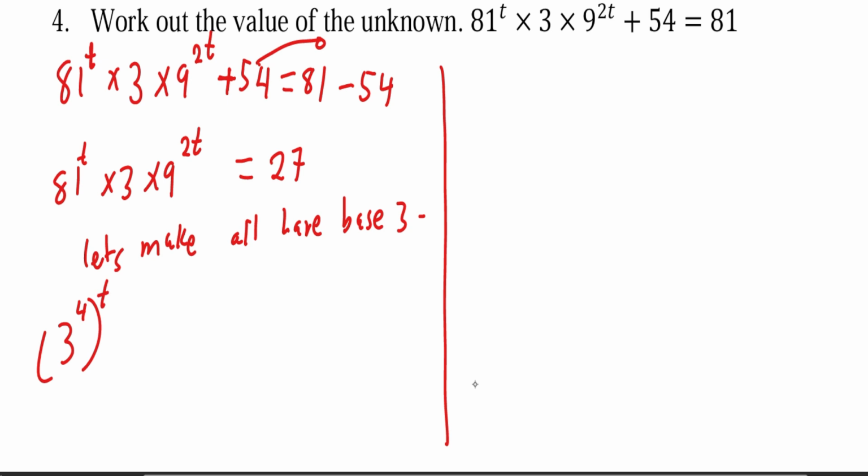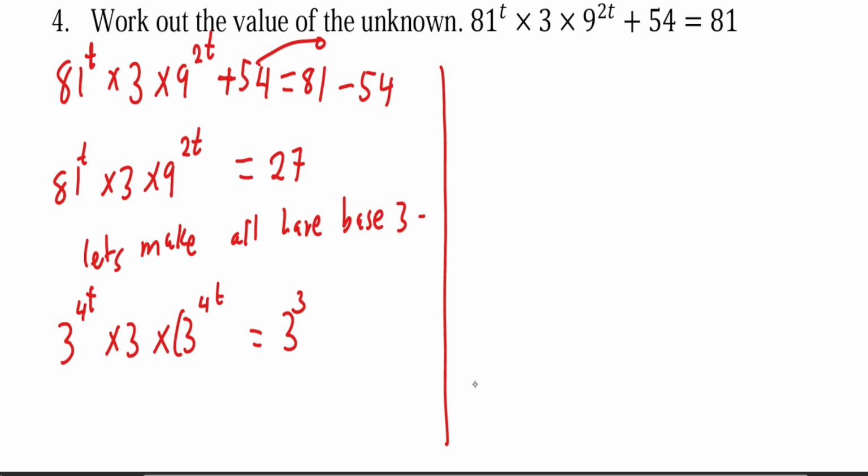Remember, there's another power. So if you have two powers, what do you do? You multiply the 2 powers, 4 times t, to give you 3 to the power of 4t times 3 times 9. It can be written as 3 to the power of 2. But remember also we have another power here. And 27 can be written as 3 to the power of 3. So obviously 2 powers, 2 times 2t to give you 4t.